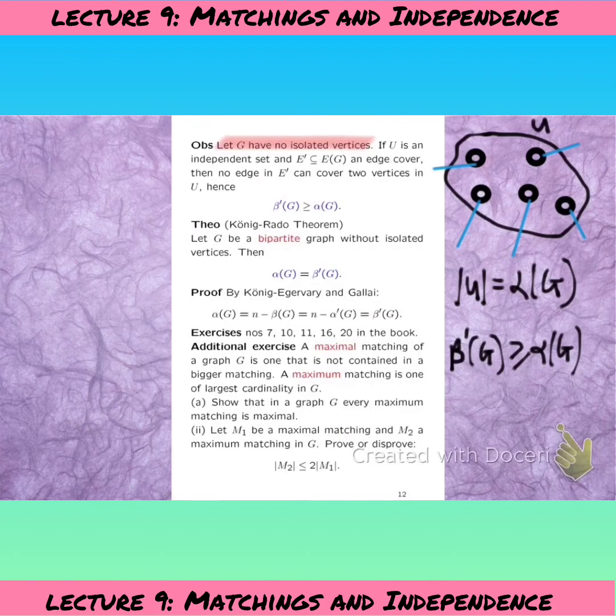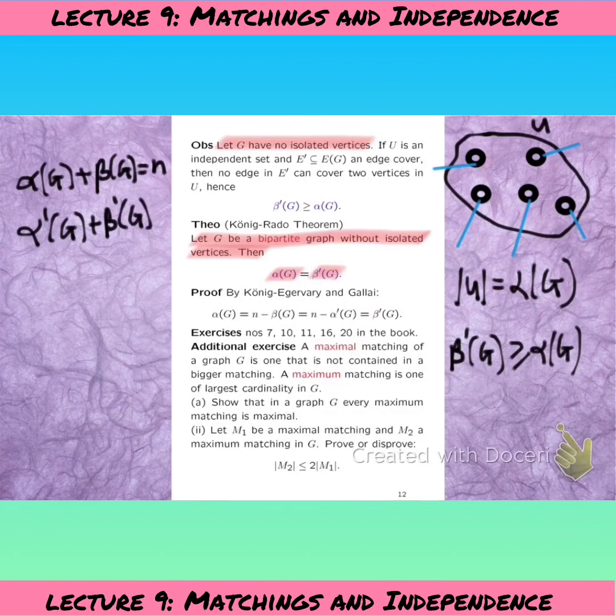So then also for bipartite graphs we can prove that we have equality between the independence number and the edge covering number. And again, how we prove that is, remember we've got that the sum of these two things is going to be n.